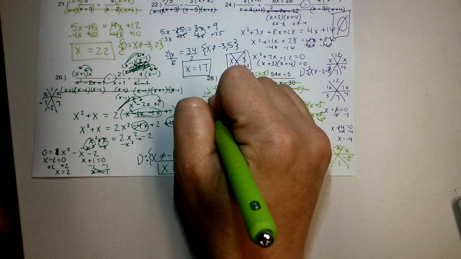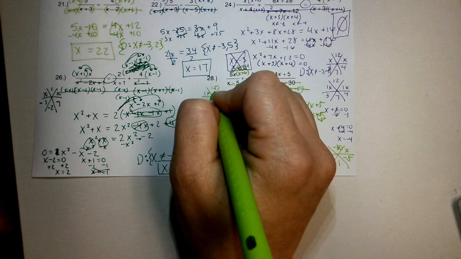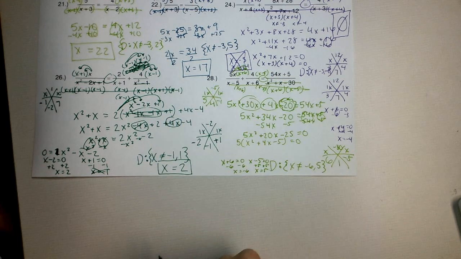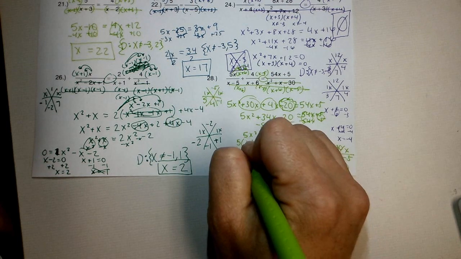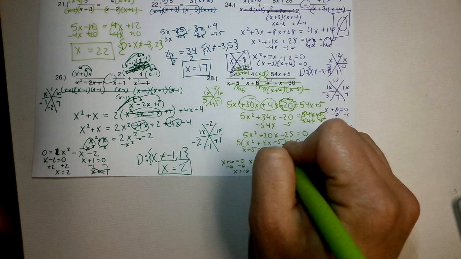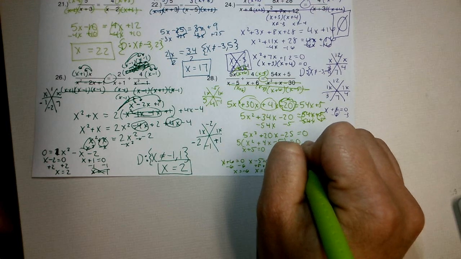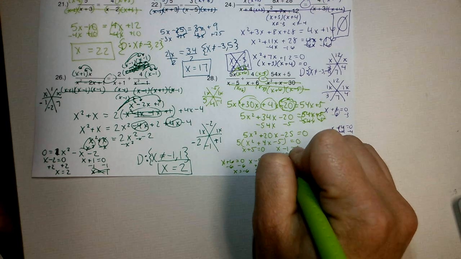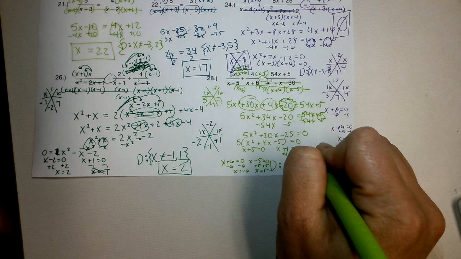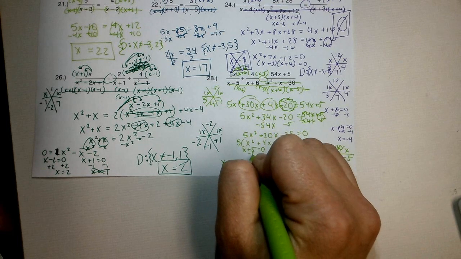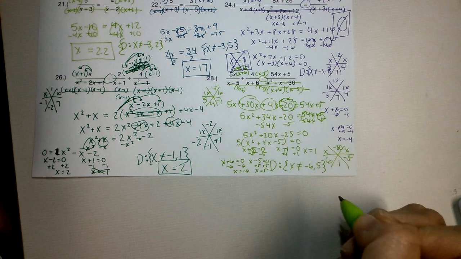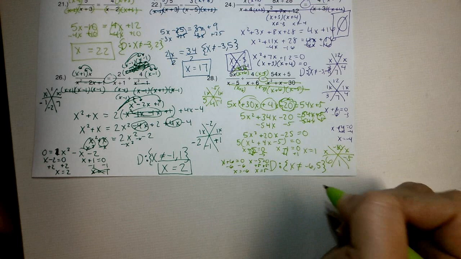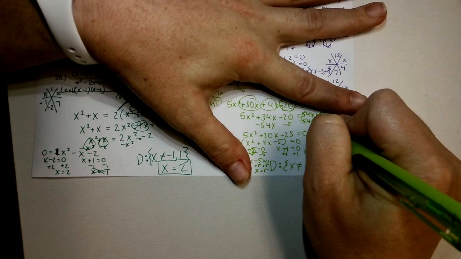B is 4. So this can be positive 5 and a negative 1. So x plus 5 equals 0. X minus 1 equals 0. Add 1 on both sides, and I get x equals 1. Subtract 5 on both sides, and I get x equals negative 5. Both of those can be solutions. So I get x equals 1.